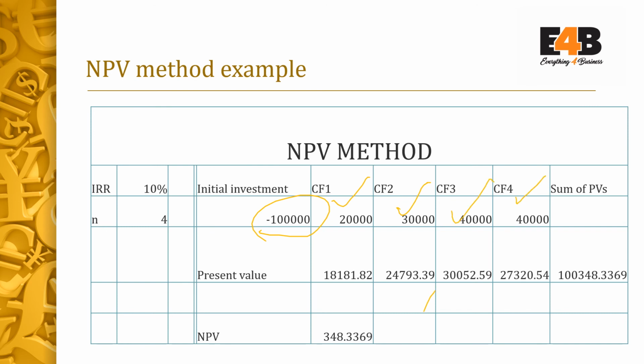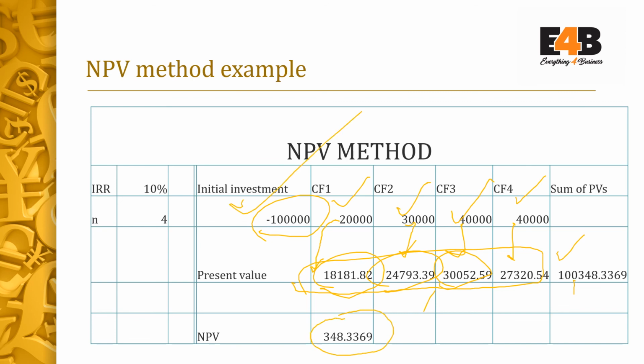So present value of this cash flow is this one, and present value of this cash flow is this one, present value of this cash flow is this one and this one. Sum of all these cash flows is equal to $1 lakh and $348. Now we have to subtract our initial investment from this and we will get $348. So our NPV method tells us that it is a positive value. So we can invest in that project.